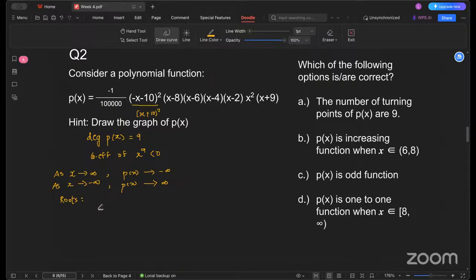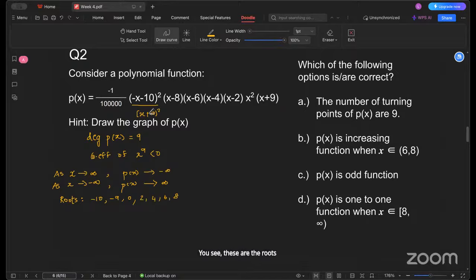Let's go in increasing order: minus 10, minus 9, 0, 2, 4, 6, and 8. You see, these are the roots.